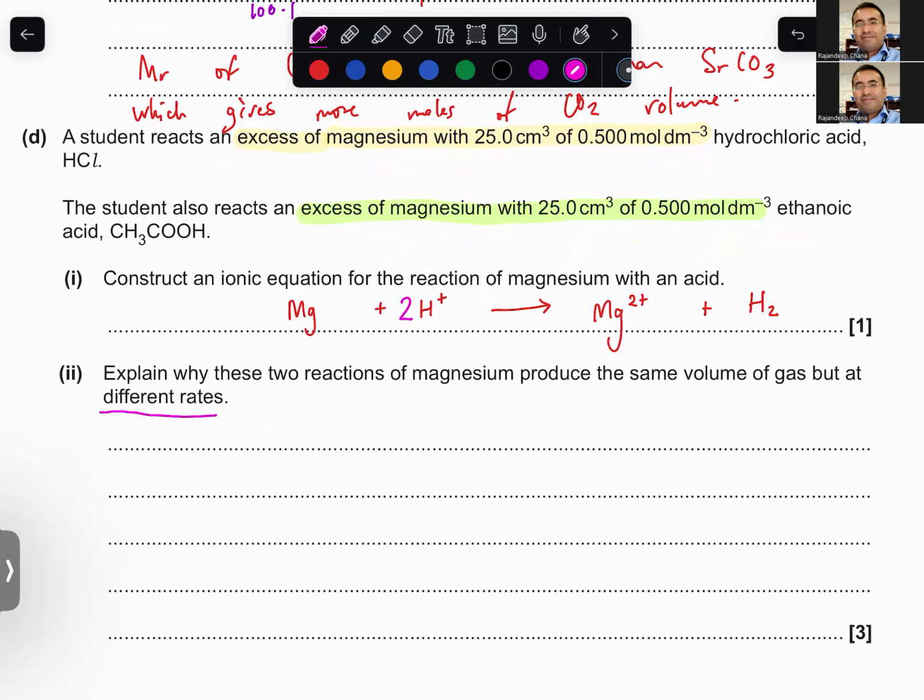These two reactions: HCl, in a solution, completely dissociates, so it is a strong acid. And the ethanoic acid, which is the key ingredient in vinegar, is a weak acid.